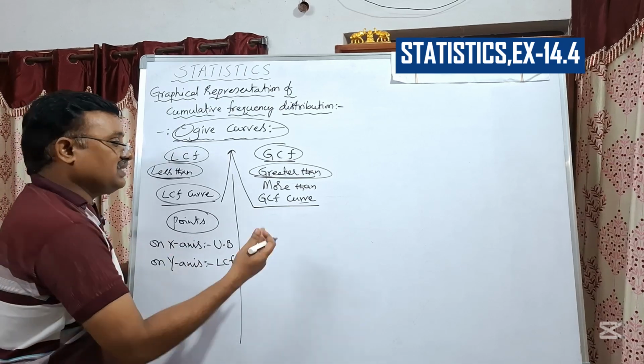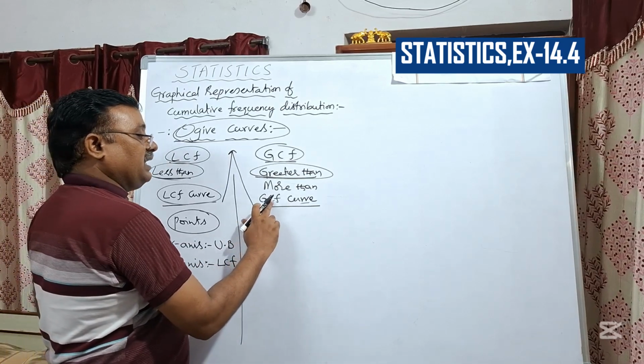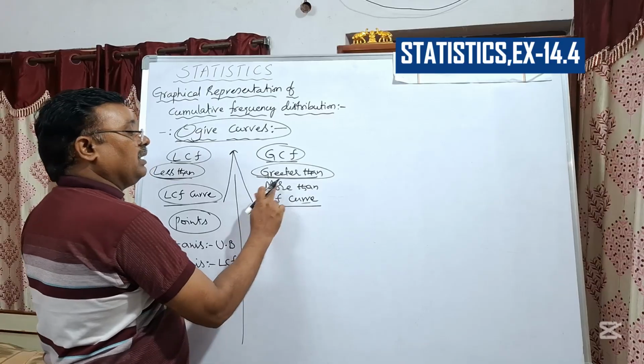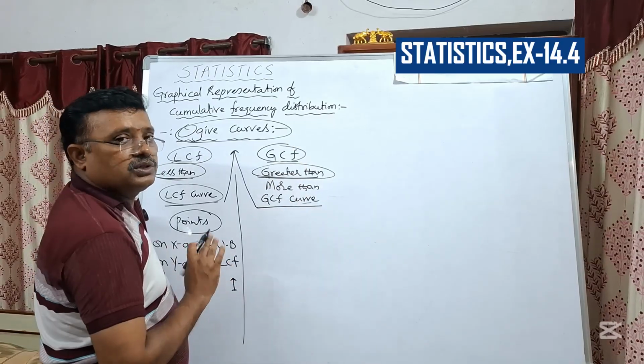Understood? Another type is the greater than cumulative frequency curve, or more than type ogive curve.